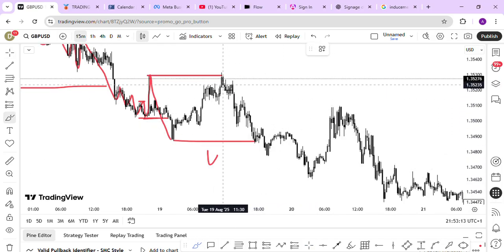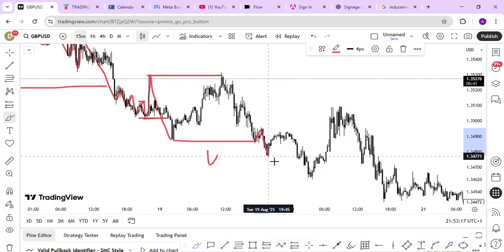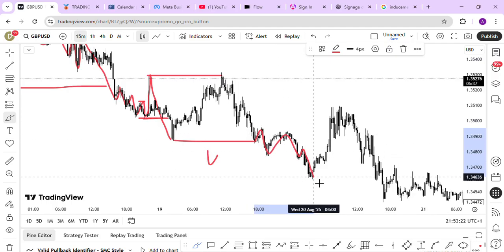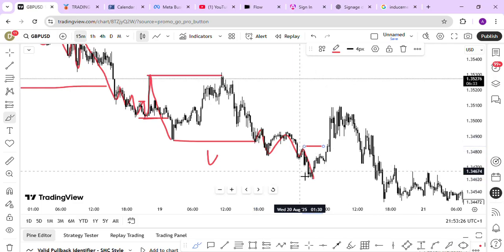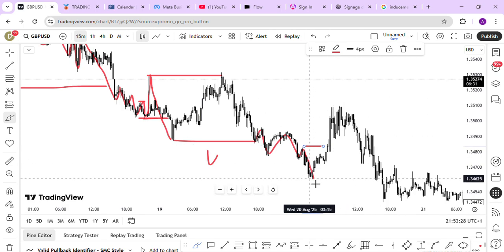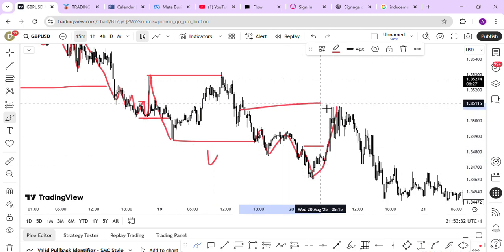You can see when we had a break of structure like this, the market created this, pushed up, created this, then dropped. It means that this is our recent pullback. This is the inducement. And the market went back, took out that inducement, and mitigated something here.